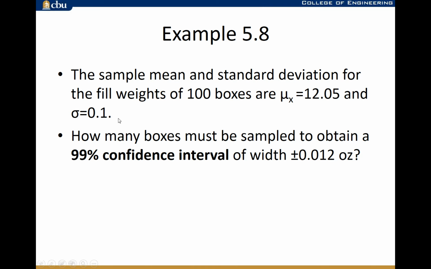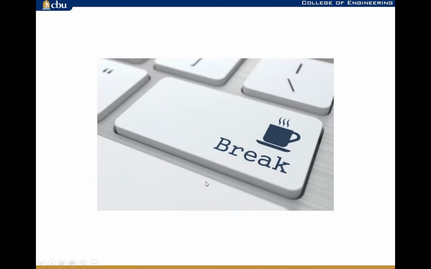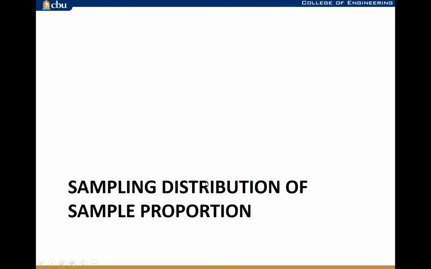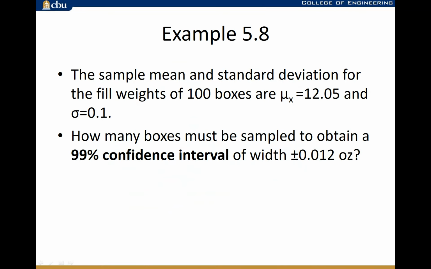How many bucks must be sampled to obtain a 99% confidence interval with a width of plus minus 0.012 ounce? Okay, so the unit now is ounce. So you can do the exercise, right? And then show the answers.